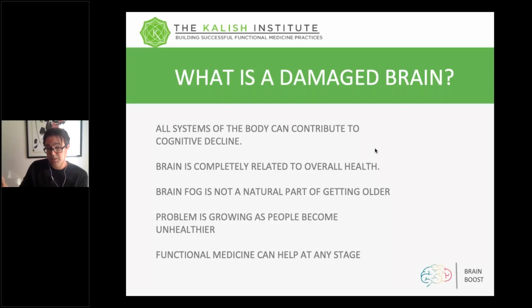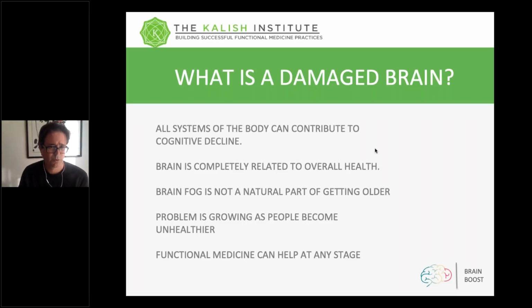And the problem is becoming worse, as we saw in that scary previous slide, because basically the population as a whole, although we are living longer, we are becoming more chronically ill, and this is just a massive burden on both our healthcare system and on our happiness. Like, we don't want to work our whole lives to then retire into some kind of hazy cognitive picture that doesn't sound appealing to anybody.